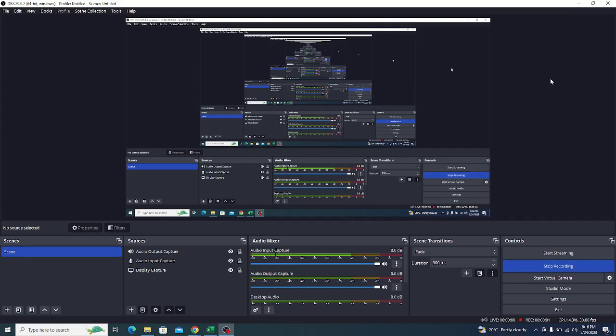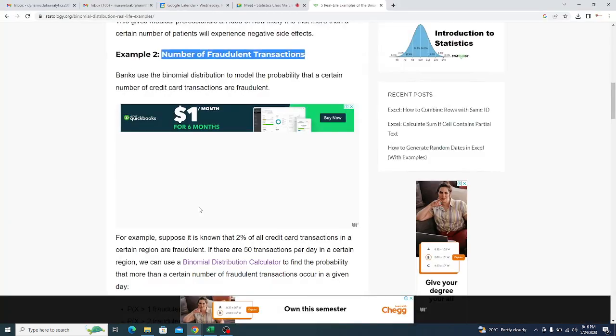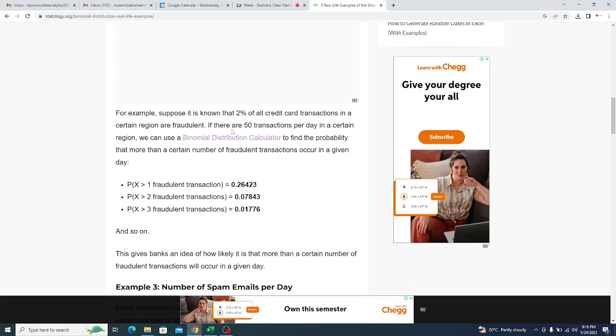For the second distribution, we are now going to try the probability. Remember this example, we've said that we want to calculate it. For example, suppose we know that 20% of all the credit card transactions in a certain region are fraudulent.